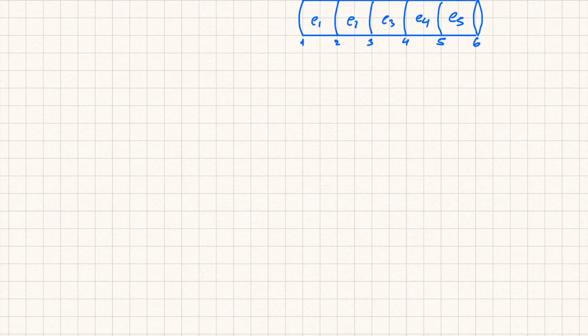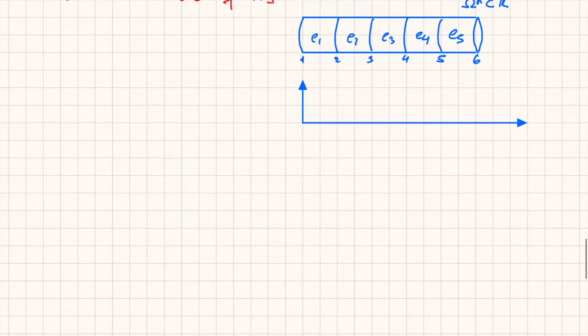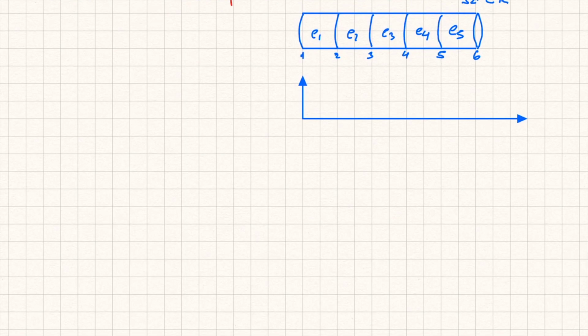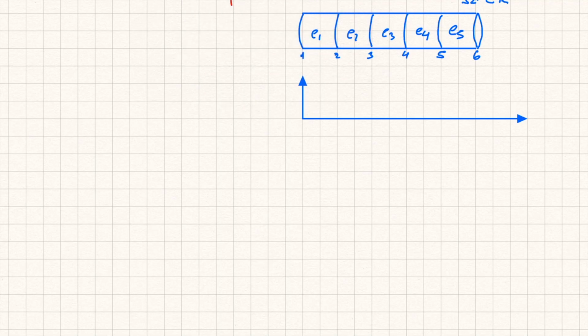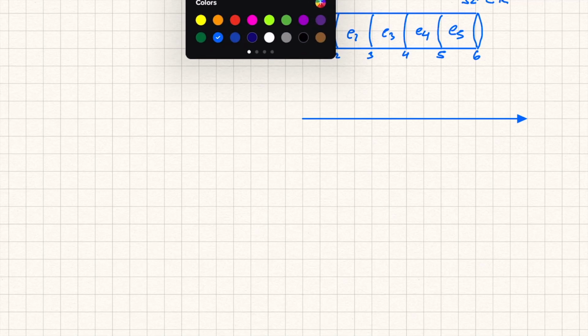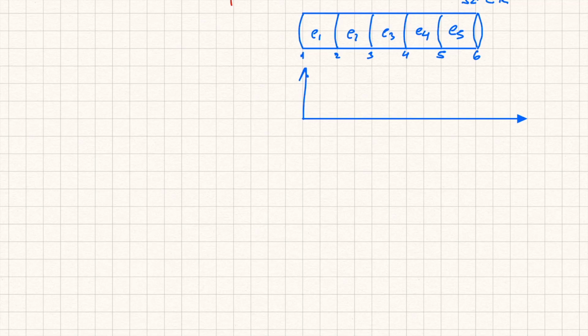And so if I want to plot what are the functions that we're going to be using, let's try to write some functions. Let's say that the first function is like this, and I'm going to call this phi1.